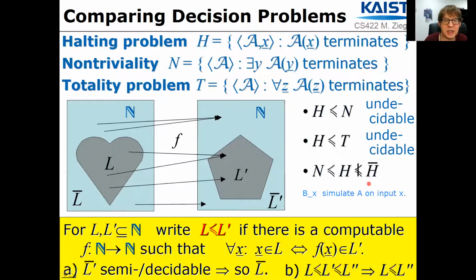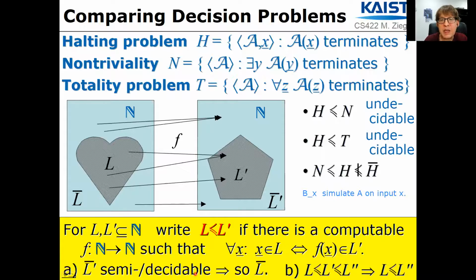Now, why is that the case? Because of item A and because of transitivity. Suppose for contradiction that H is reducible computably to its complement. Then by item A, also H complement is reducible to H, and therefore the two are equivalent.